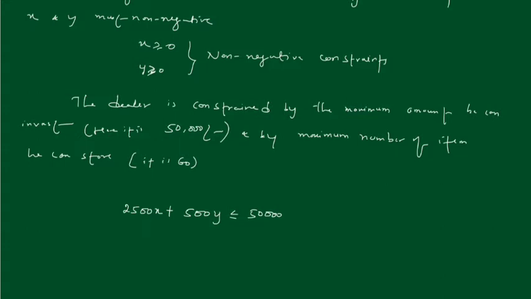Next we reduce it. By reducing this, 5x plus y is less than or equal to 100, and x plus y is less than or equal to 60. That is the storage constraint, right?